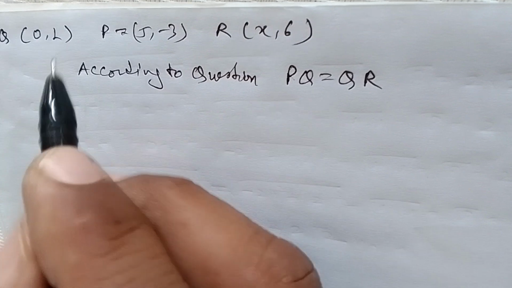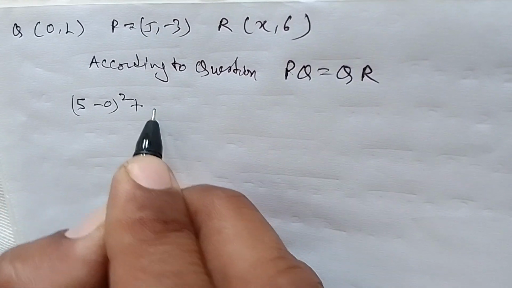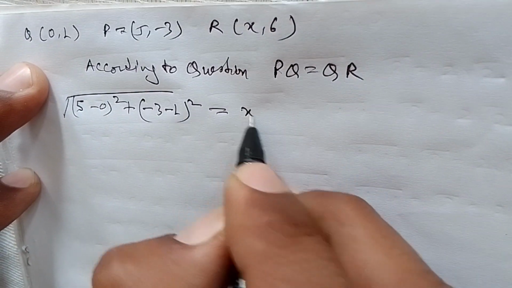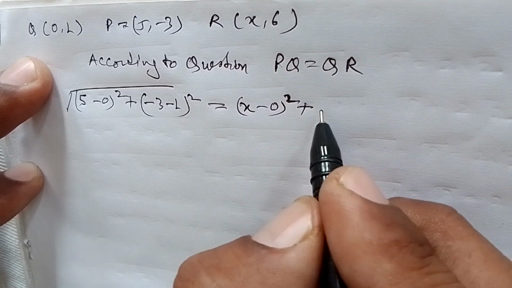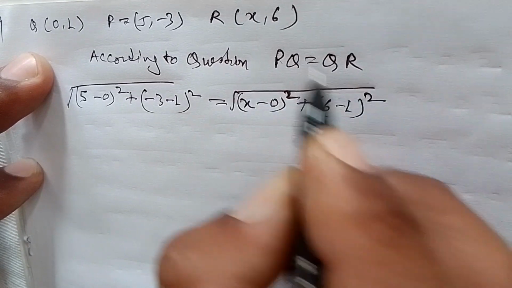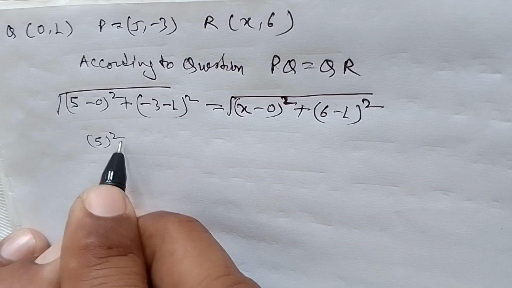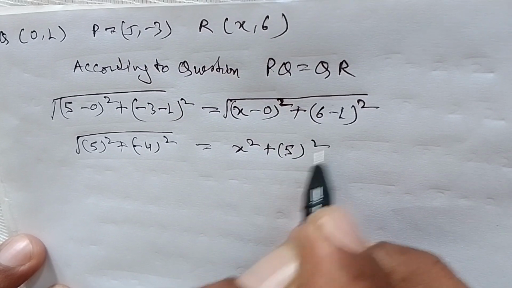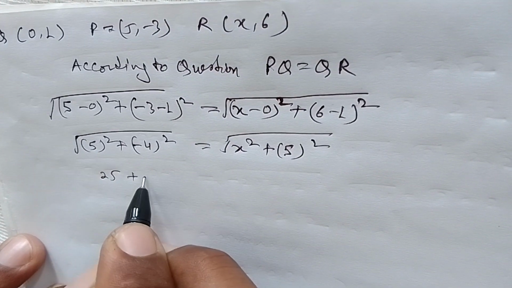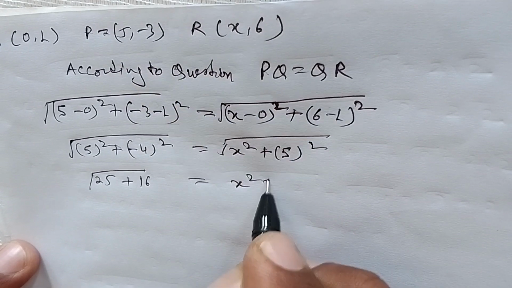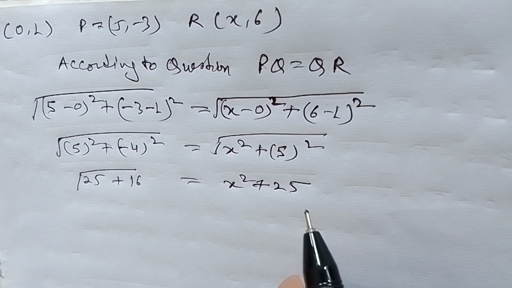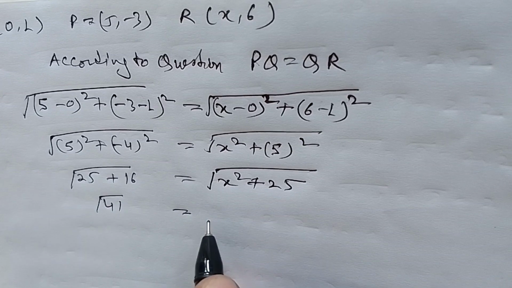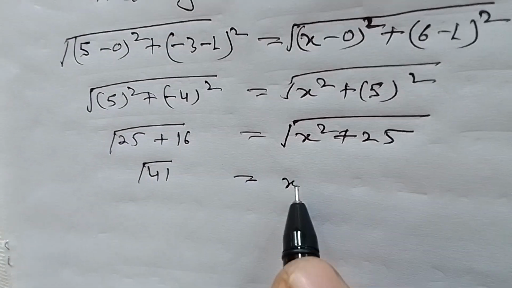For PQ it comes out to the square root of (5 − 0)² + (−3 − 1)², which is equal to QR, the square root of (x − 0)² + (6 − 1)². So 5 − 0 is 5, squared, plus (−4)², gives 25 + 16 under root, which is equal to the square root of x² + 5², that is x² + 25. So the square root of 41 is equal to the square root of x² + 25.